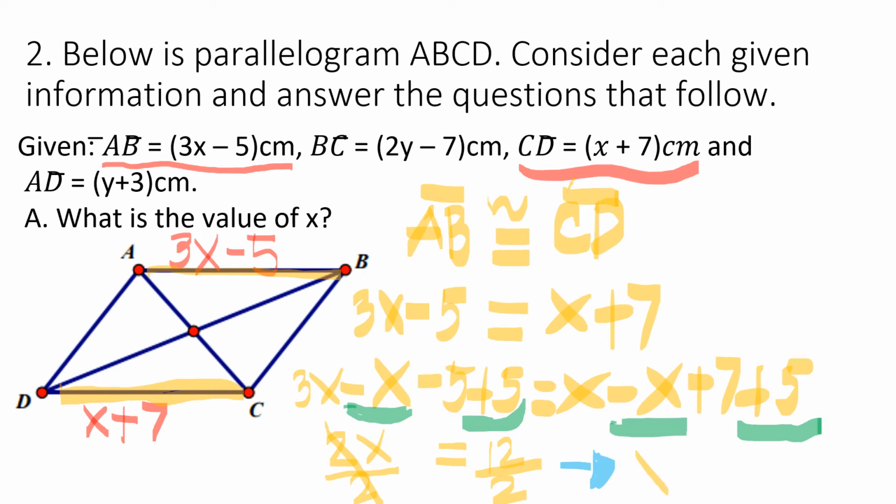So what remains is x equals 12 divided by 2, which is 6. So this is now your final answer, that x is equal to 6. Do you understand? Let's have another example.